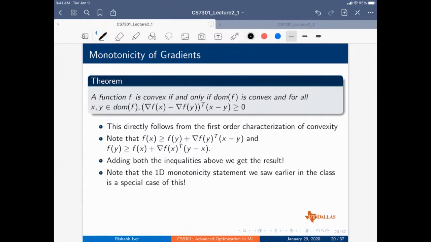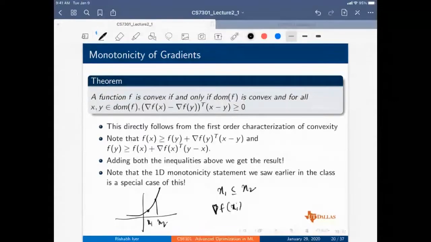If you recall, we had this result in the one-dimensional case where, given a convex function and x1 and x2, if x1 is less than or equal to x2, then the gradient of f at x1, which is a scalar quantity, will also be less than or equal to the gradient of f at x2. So in one-dimensional space, the gradients were monotone.